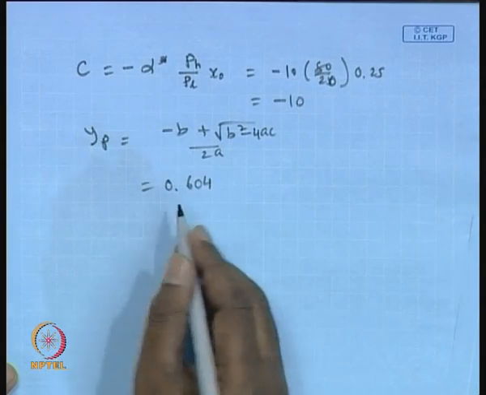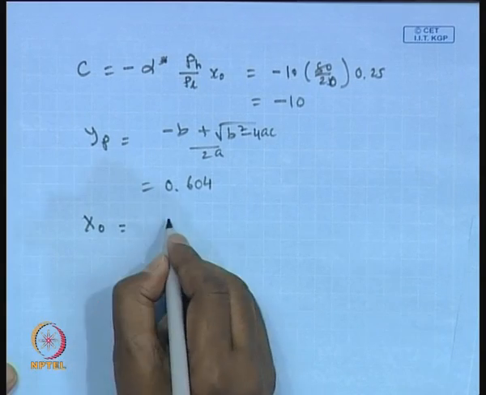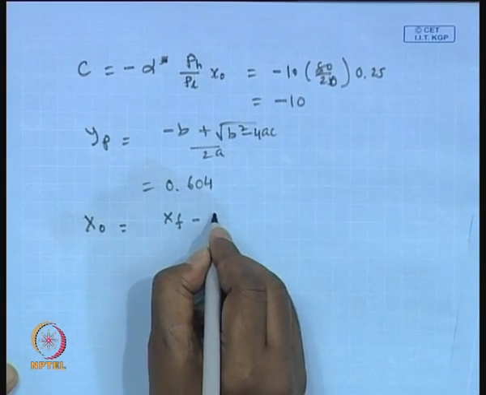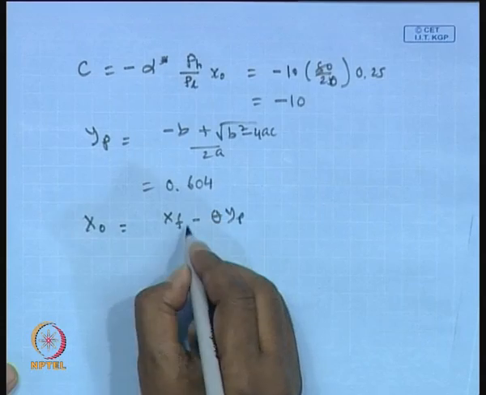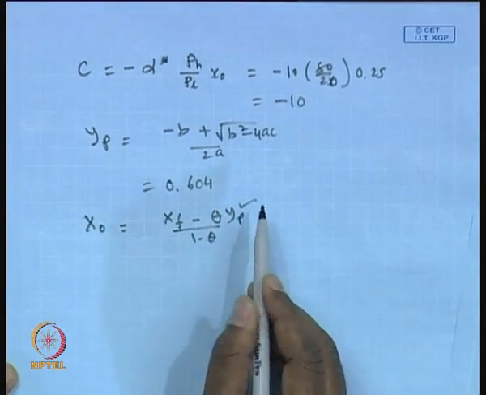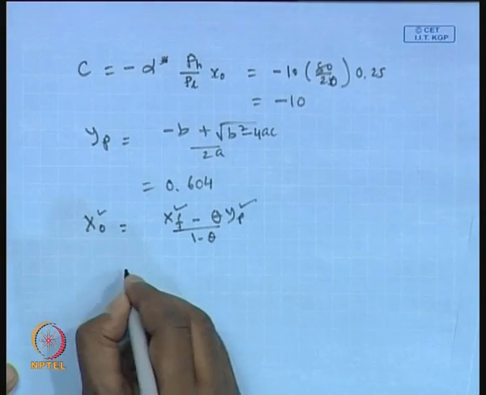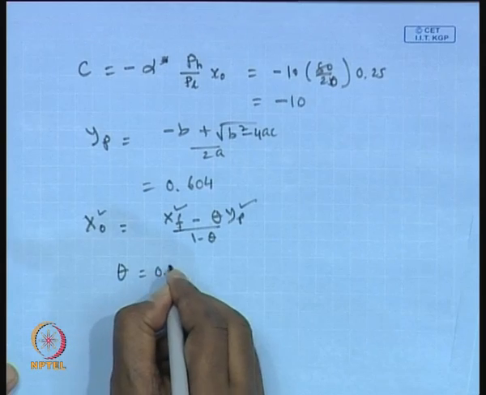this turns out to be 0.604. Okay. So, x naught equals xf minus theta times yp divided by 1 minus theta. You have calculated yp, you know xf, you know x naught, so you can calculate the value of theta, and theta turns out to be 0.706.